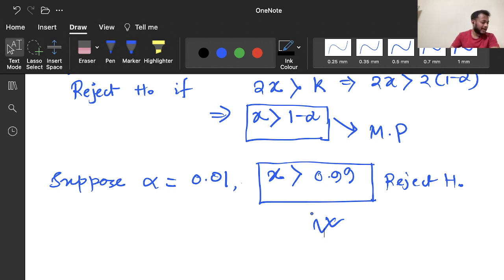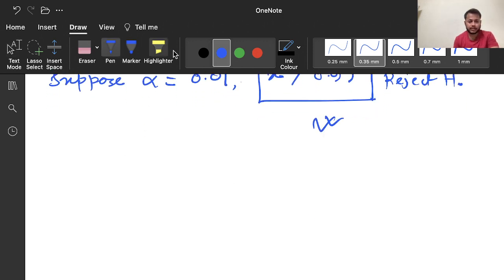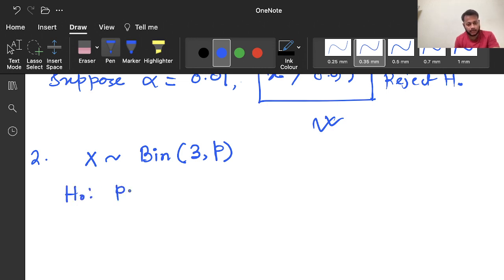Now let's give another example of the most powerful test: x belongs to binomial(3, p). So H0 is p is half and H1 is p is 3 by 4.